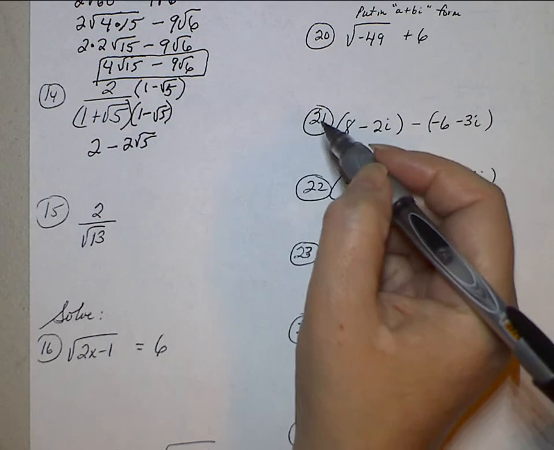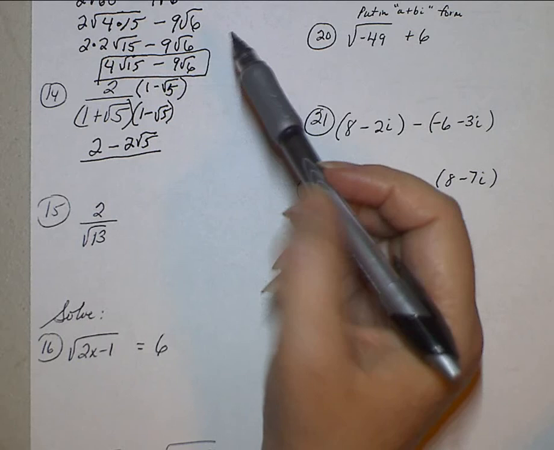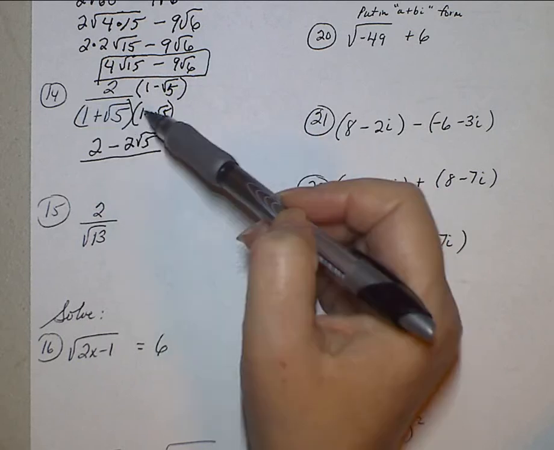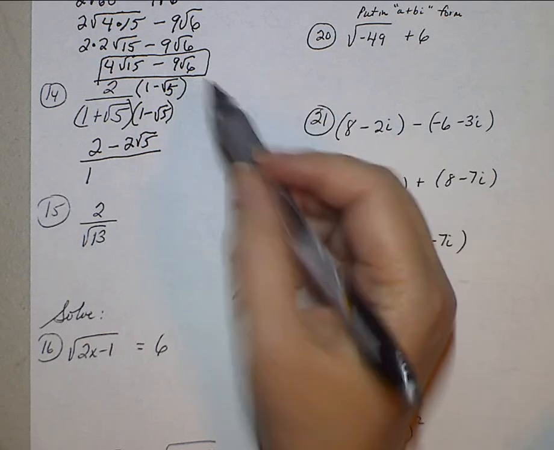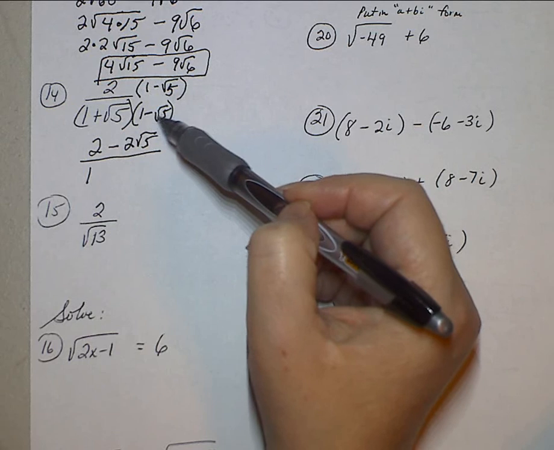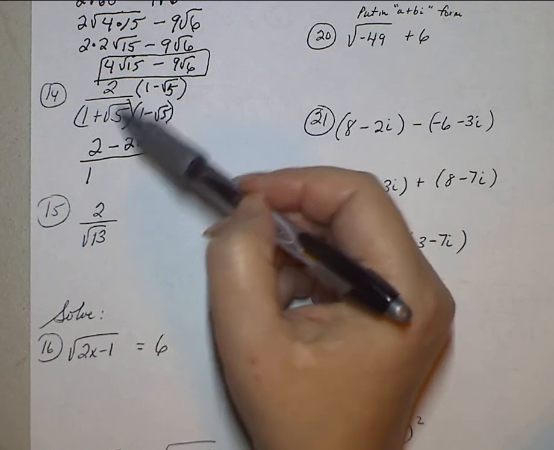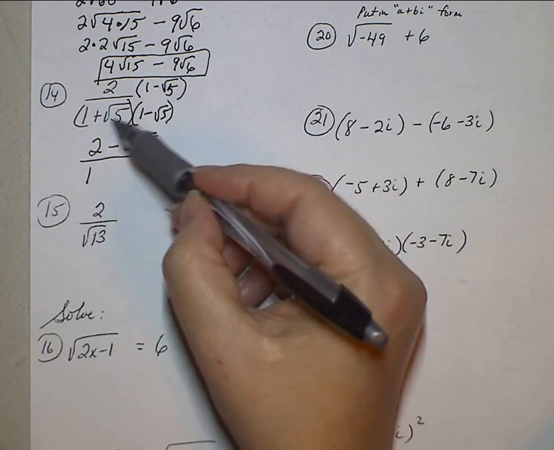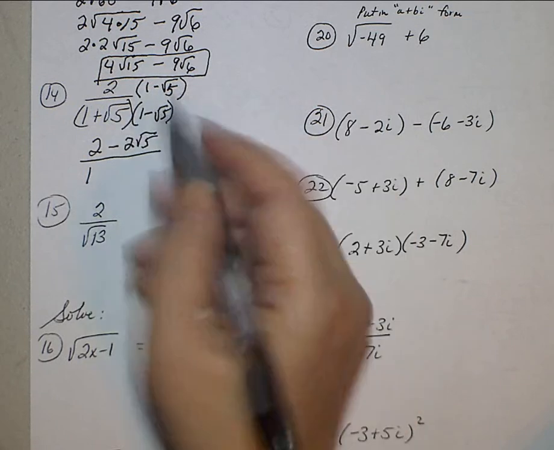On the bottom, we have 1 times 1 gives me 1. And then 1 times a negative square root of 5 would be negative square root of 5. And then this is positive square root of 5, so those cancel. So then we have square root of 5 times the negative square root of 5, which is negative 5.